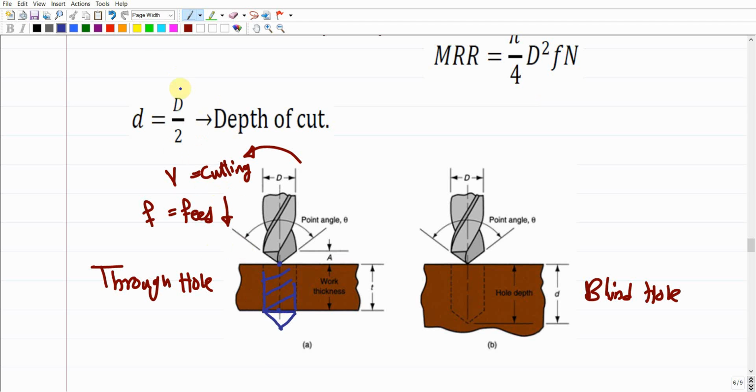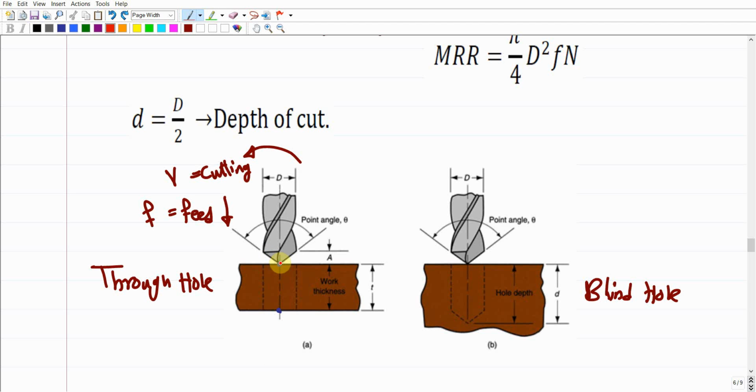The total distance that this twisted drill should be moving is this entire distance, which definitely should equal the LC in the equation. But also, as we explained before, in addition to this entire distance, we may add some approach distance.